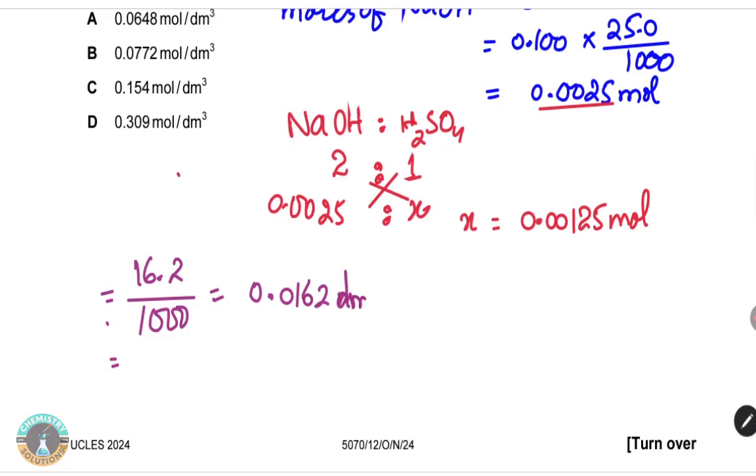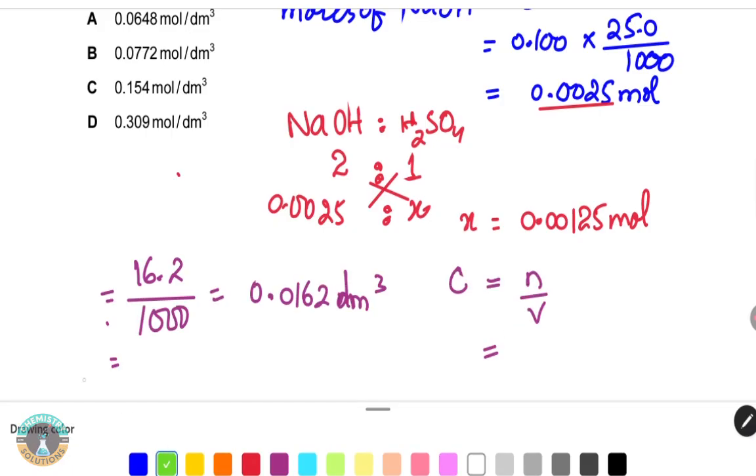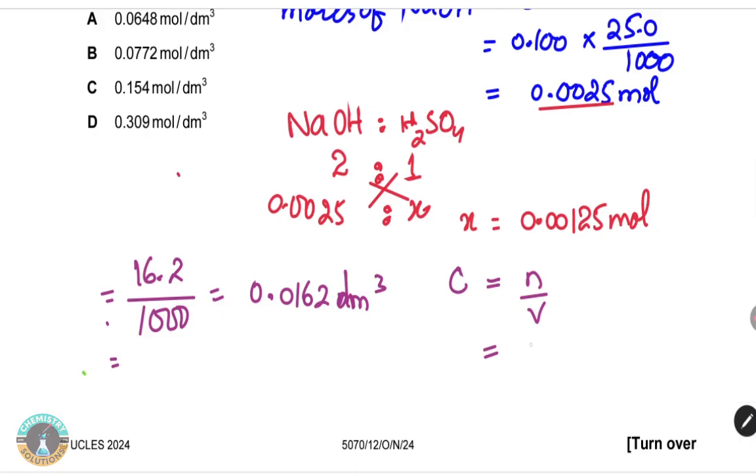Now come towards the concentration, which is equal to moles over volume. The number of moles which we have calculated are the number of moles of sulfuric acid, 0.00125, divided by 0.0162.